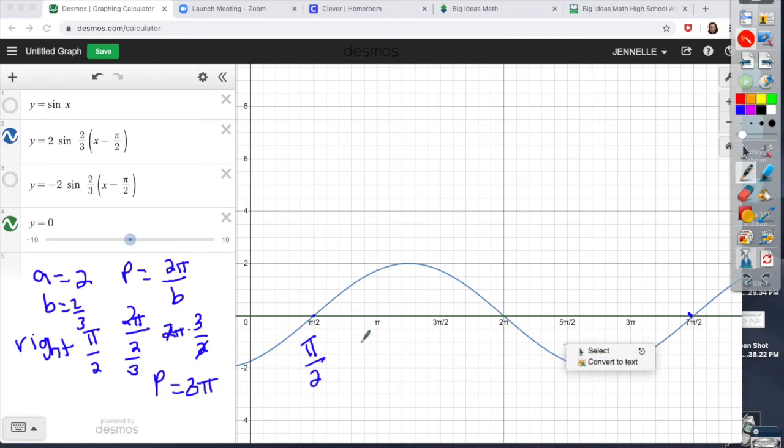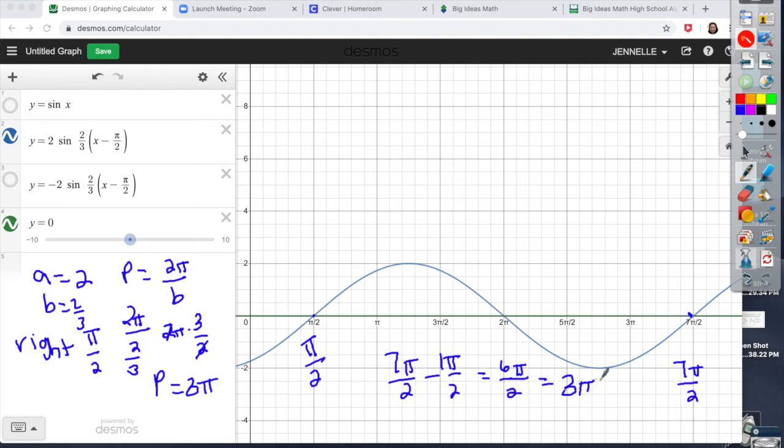And that is 7 pi over 2. Okay, so if we subtract, 7 pi over 2 minus pi over 2, right, 1 pi, which makes 6 pi over 2, which makes 3 pi. There's my period. Perfect.